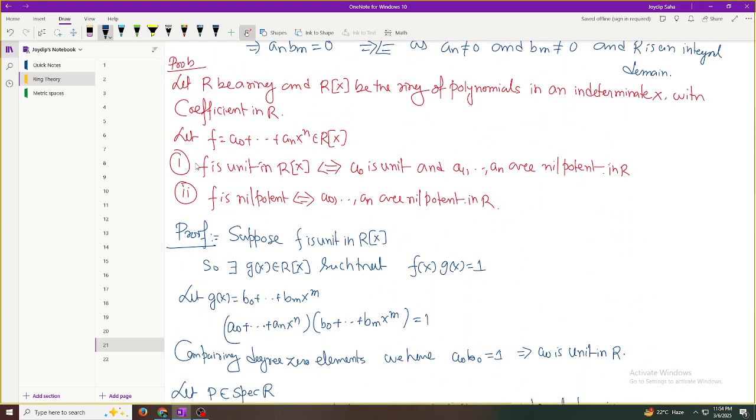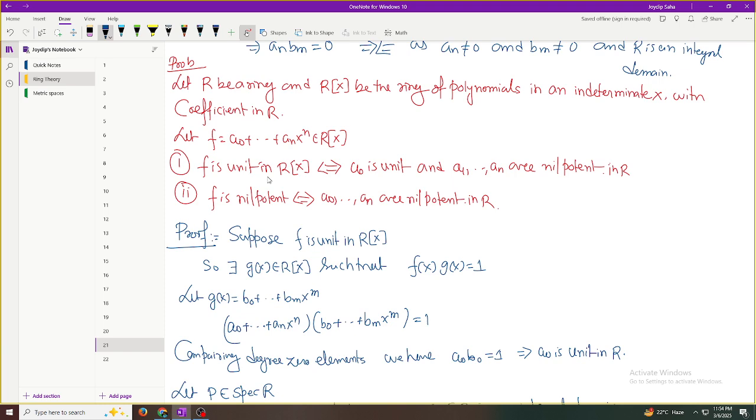So here is a complete characterization of units in a polynomial ring in one variable. Can you extend this for several variables? That means R[x1, x2, ..., xn]. Problem number 2 is homework.